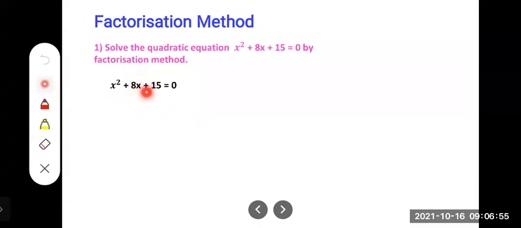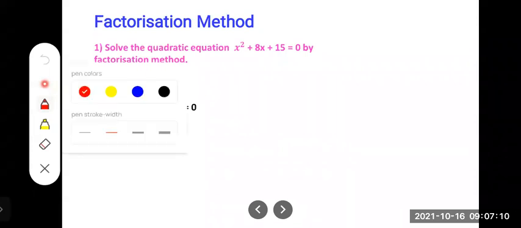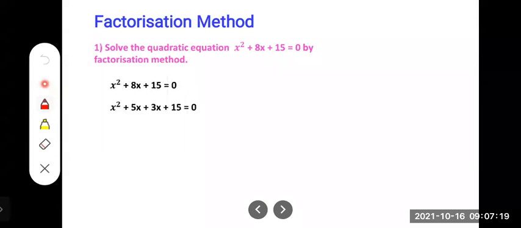This 8x we have to split into 2 terms, the middle term. Is it clear? Okay, so how can we split? See, here one more short method is there, children. I will explain it to you. If you can understand, you follow it. Otherwise, follow what you have learned already, no problem. Okay, students? Yes. See, now listen here.